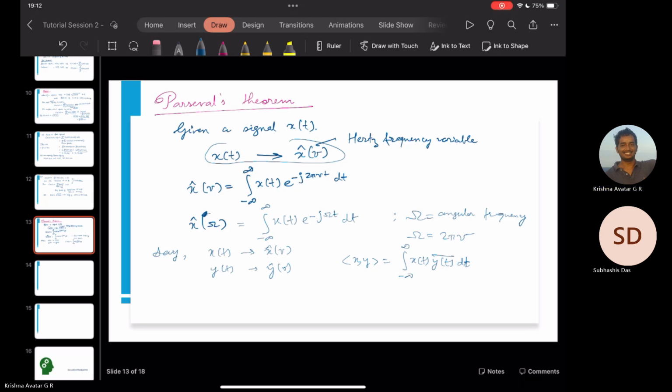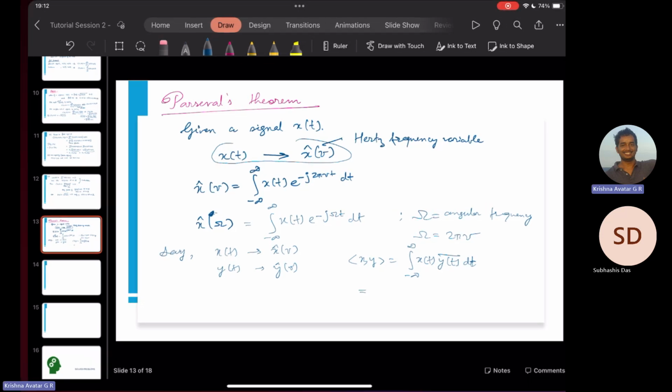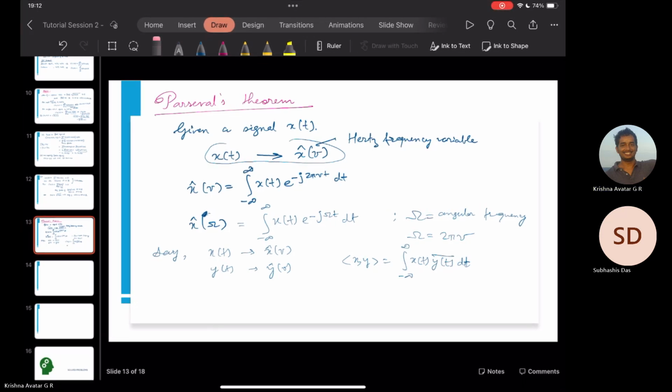And this inner product happens to be equal to the inner product in frequency space, which is x hat comma y hat. We write it as minus infinity to infinity, of course, in frequency, where the running variable is frequency.